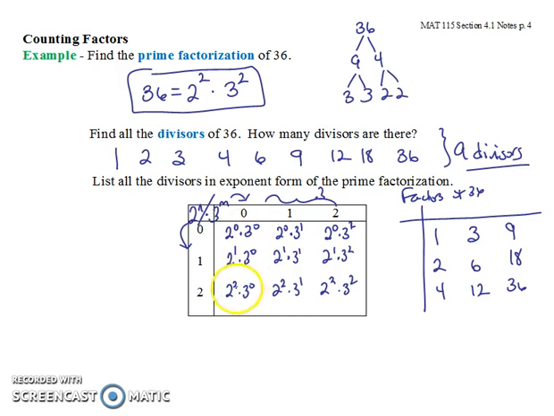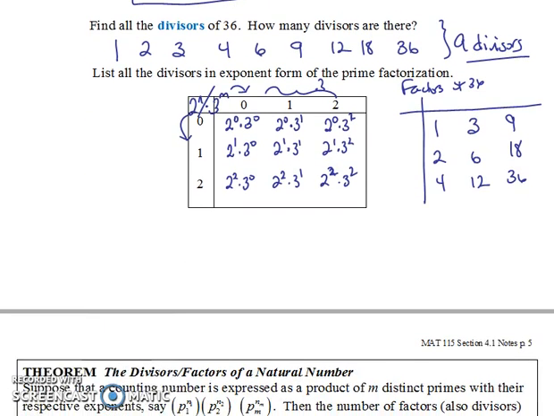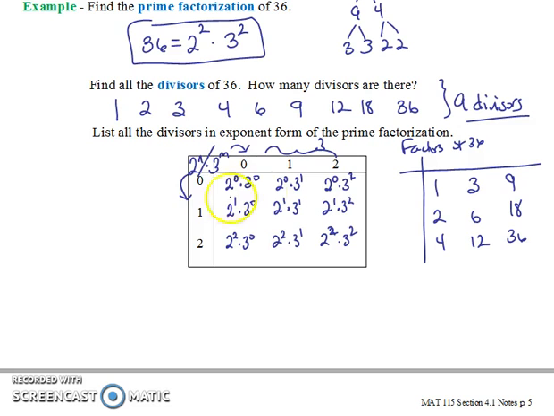And they're all possible combinations of all possible powers of 2 to the nth times 3 to the nth, where they can go up to 2, because that was my factorization, 2 squared, 3 squared. Now notice that because my exponent was 2, there are 1, 2, 3 different exponent powers of that. And there are 1, 2, 3 different exponent powers of the 3 to the second power.